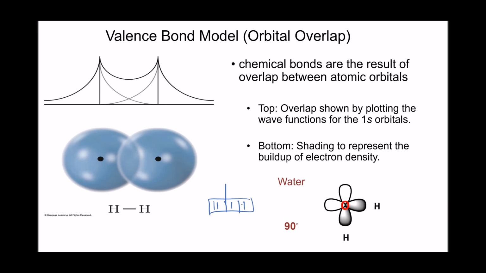One of them is going to be along the x-axis, the second one is going to be along the y-axis. So it has 90 degrees. So if you think this way, the molecule should have 90 degrees between the oxygen-hydrogen bond using one p orbital and the second oxygen-hydrogen bond using the second p orbital on the oxygen atom.